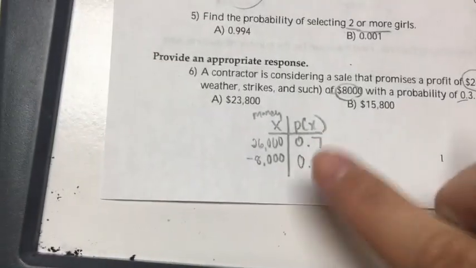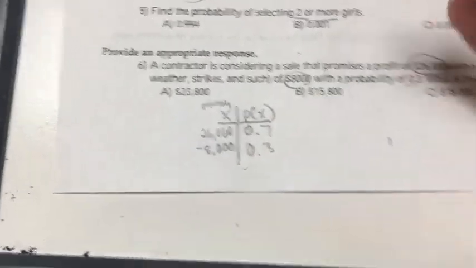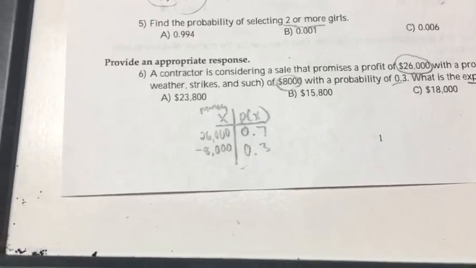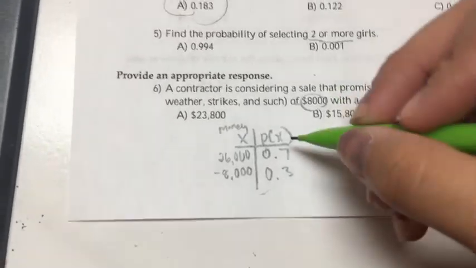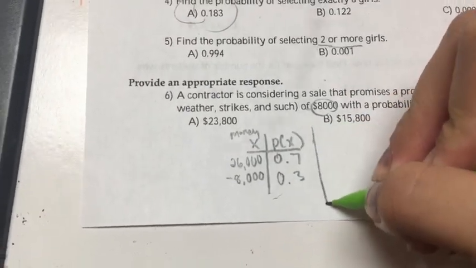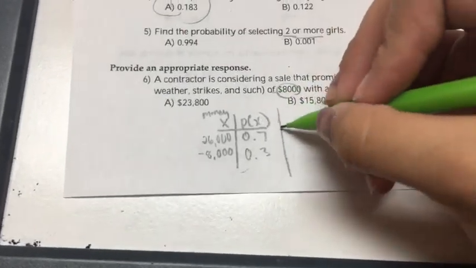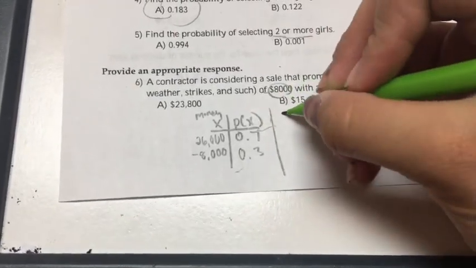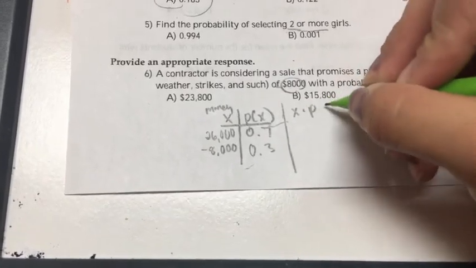And then if you add these up, notice how they add up to 1. That's how you know that they actually are a probability distribution. So now that you have your x and your P of x's, you have to make a row where you multiply them.